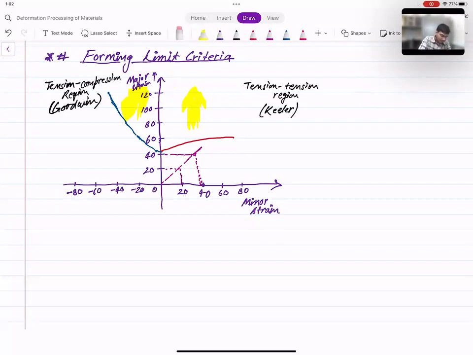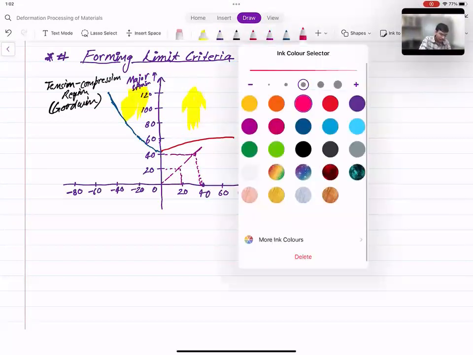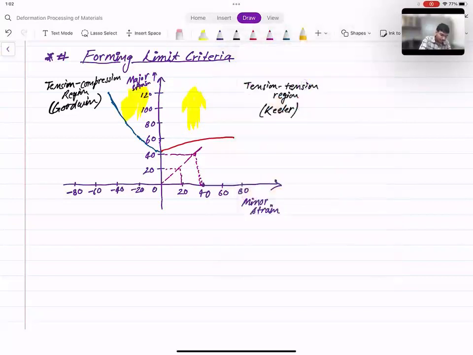Let me change the ink color. So this is failure. Means any point which lies above these curves will indicate failure during the sheet metal forming process, and below this will be the safer region.